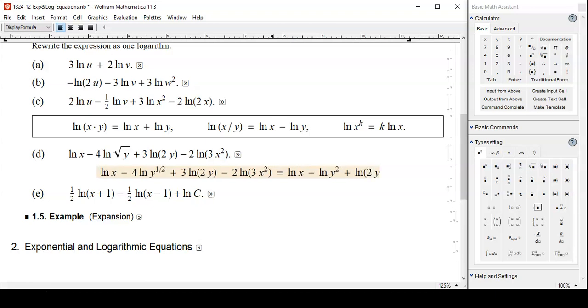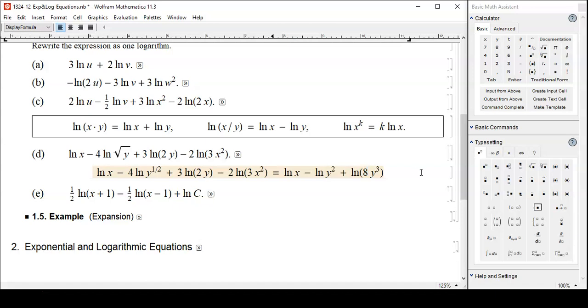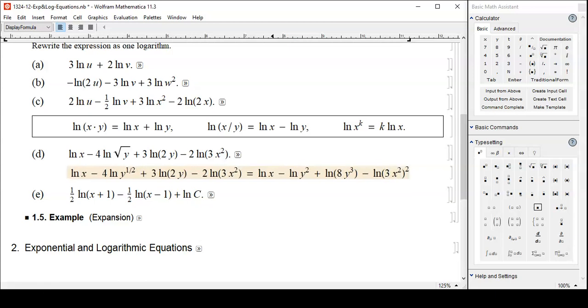Log of now 2y to the 3rd power, right? But then again, what's 2 to the 3rd power? 2 to the 3rd power is 8, so 8y cubed. And then log of 3x squared to the 2nd power, but 3 to the 2nd power, that's 9, 2nd power, so that's 4th power.